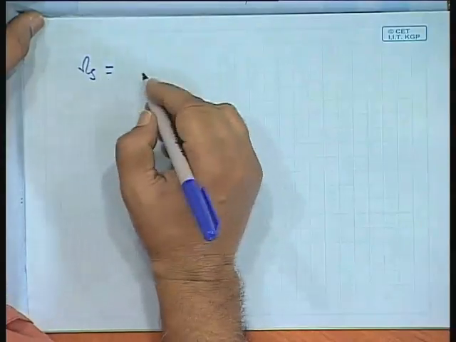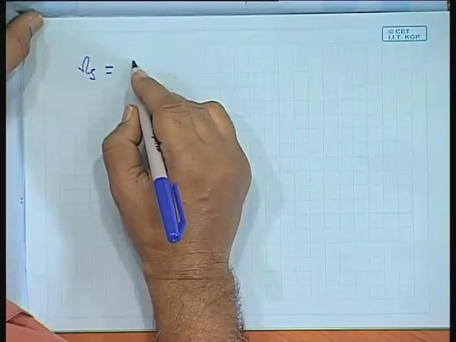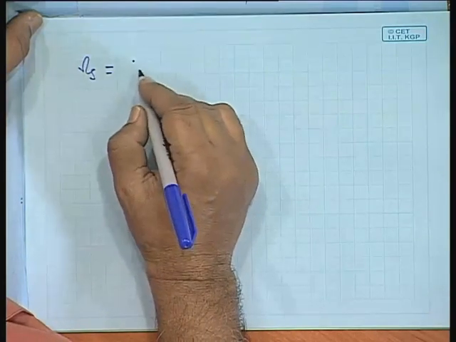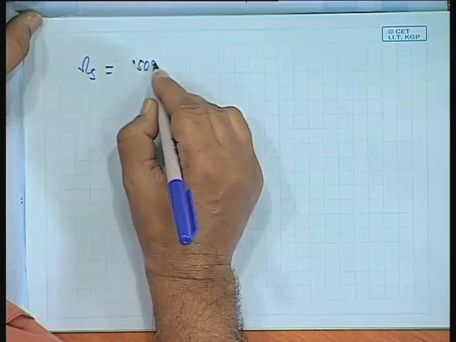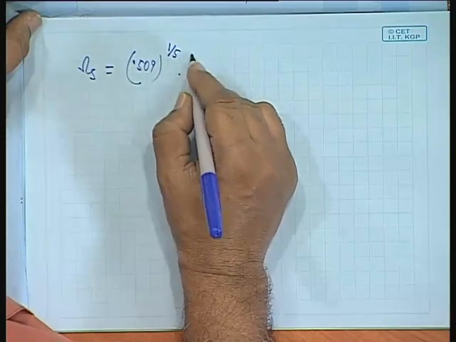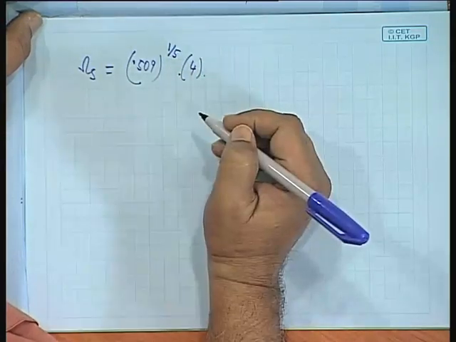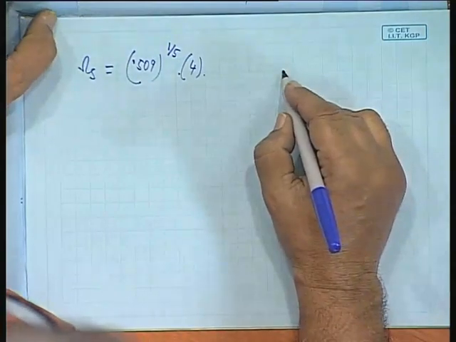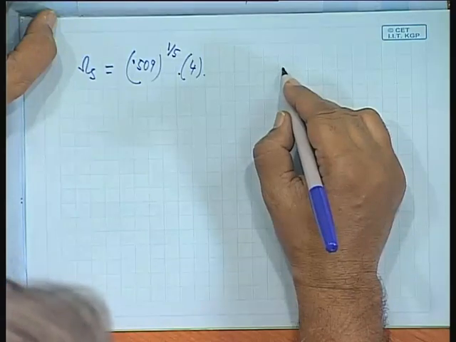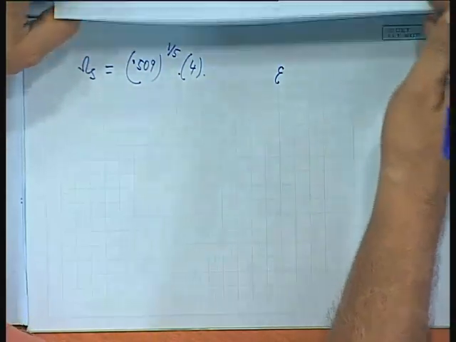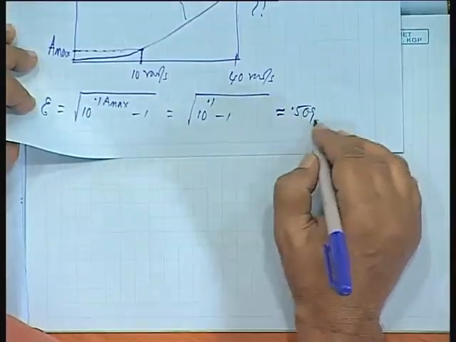So, what will be omega s? Stop band frequency. Epsilon is 0.509. Actually, 0.5 was an approximation. Actual value is 0.509.